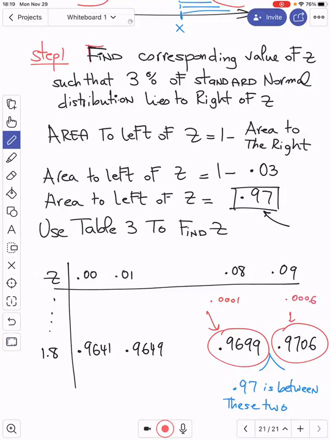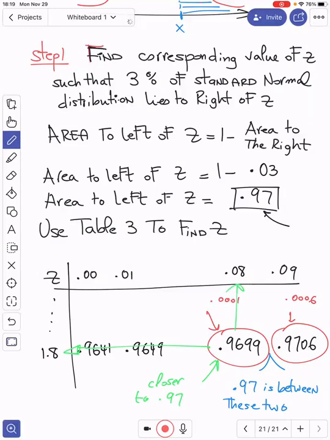So of course 0.9699 is closer to 0.97. This number corresponds to 1.8, and to the nearest hundredth, it's 8.